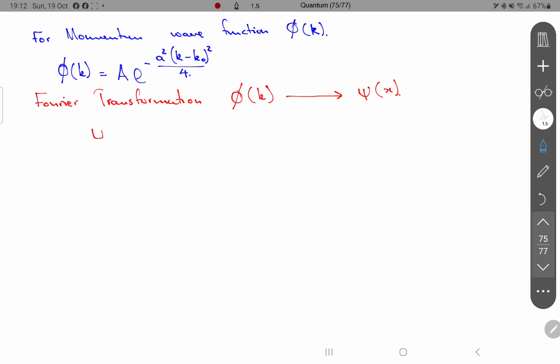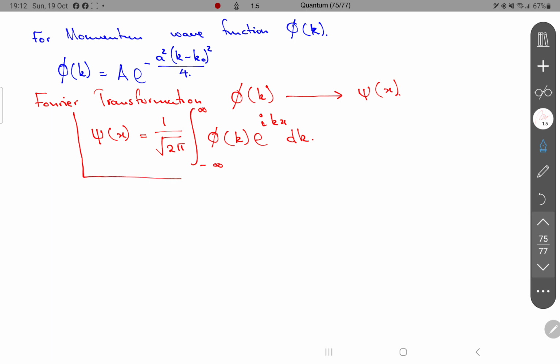The Fourier transformation is psi of x equals 1 over the square root of 2 pi, the integral from negative infinity to infinity of phi of k e to the power i k x dk.